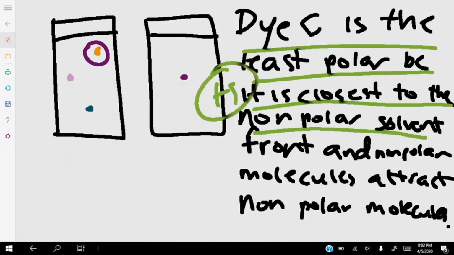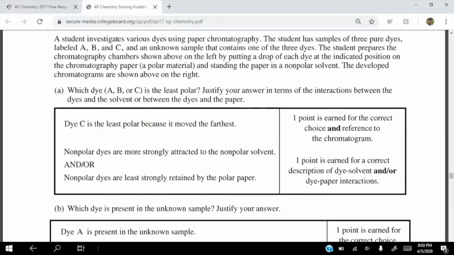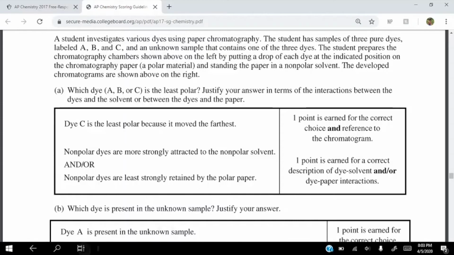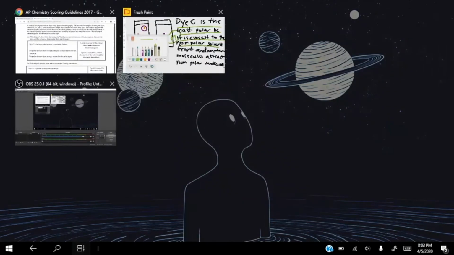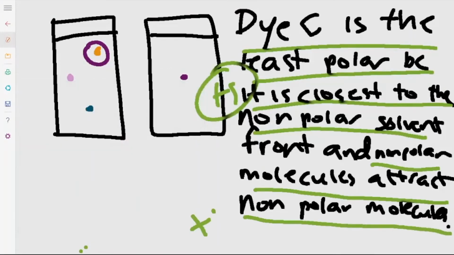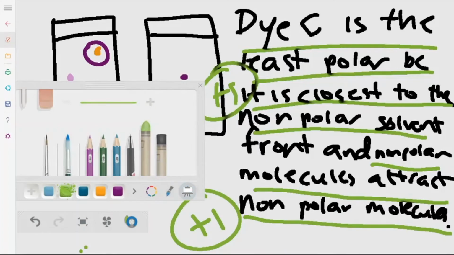And then you'd get another point for a correct description of the dye-solvent interaction or the dye-paper interaction. So the examples they give are nonpolar dyes are more strongly attracted to the nonpolar solvent and or nonpolar dyes are least strongly retained by the polar paper. So going back to this, nonpolar molecules attract nonpolar molecules. That is another point. Yay.